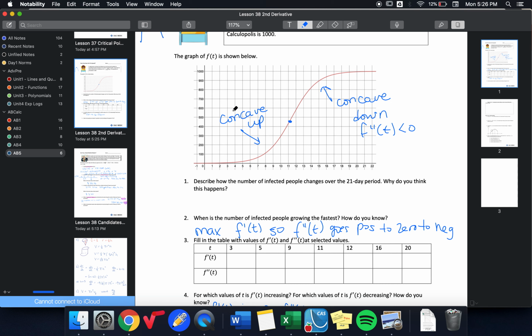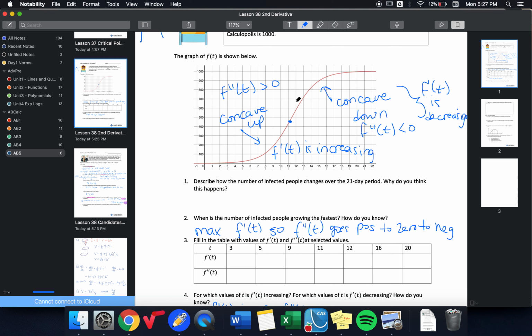In this area, concave up, our second derivative was positive. Our first derivative is also positive, and it's becoming greater and greater. So very flat, and then steeper and steeper and steeper. So the first derivative is increasing. In this area, the first derivative is decreasing.